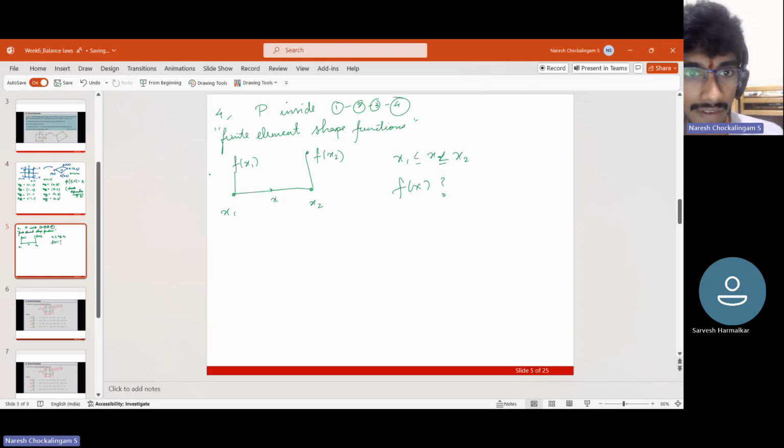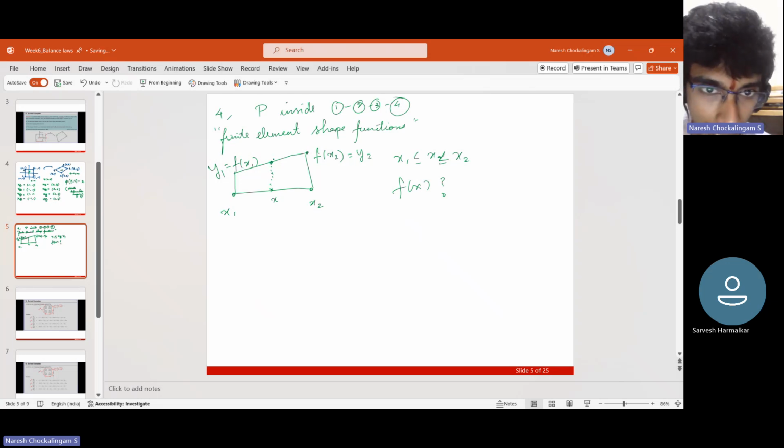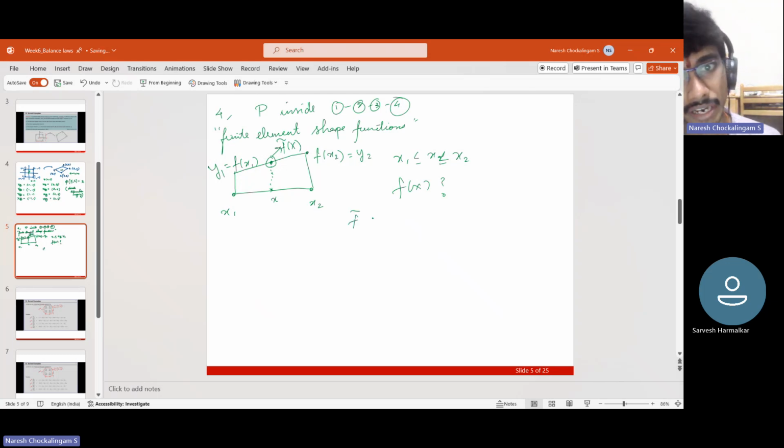You're given only the values f of x1 is y1 and f of x2 is y2. So in between, there are various ways to do it. One of the simplest is you do a linear interpolation, right? With 2 points, you can at most fit a straight line through the two. So you fit a straight line between the 2 points, and you call this f of x or f tilde of x, where f tilde is a linear interpolant.